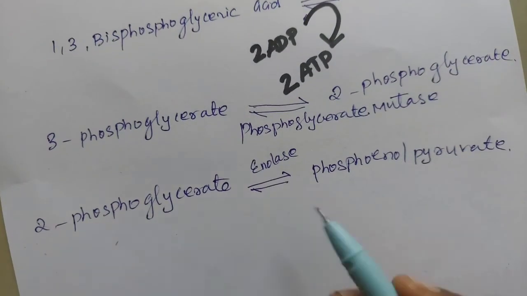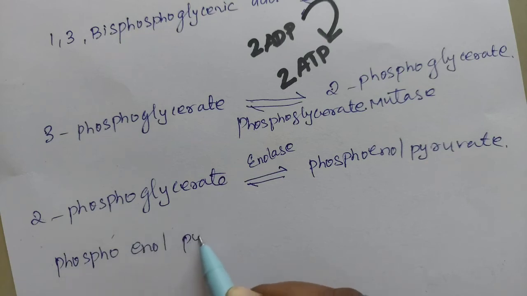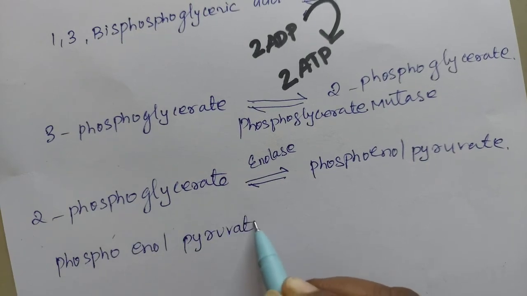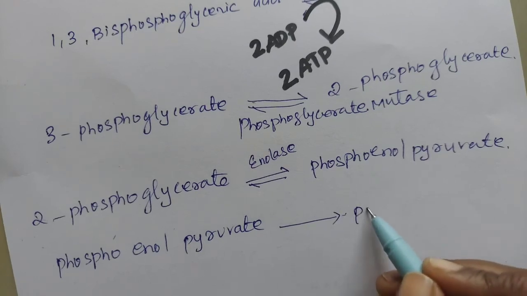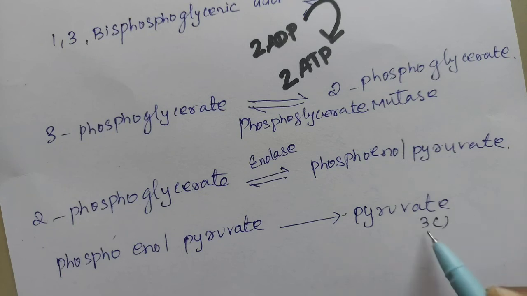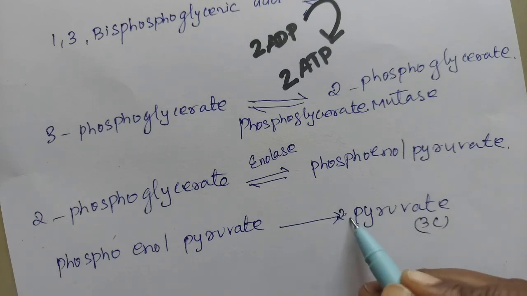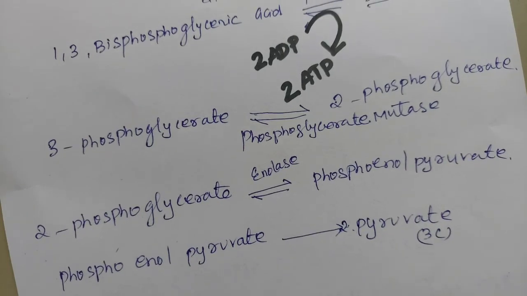The next step, the final step, phosphoenol pyruvate. Phosphoenol pyruvate finally produces a 3-carbon compound known as pyruvate. 2 molecules of pyruvate are formed as a result of glycolysis.